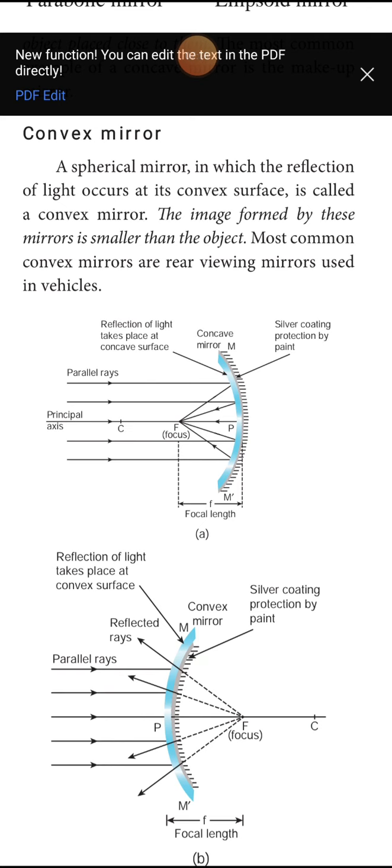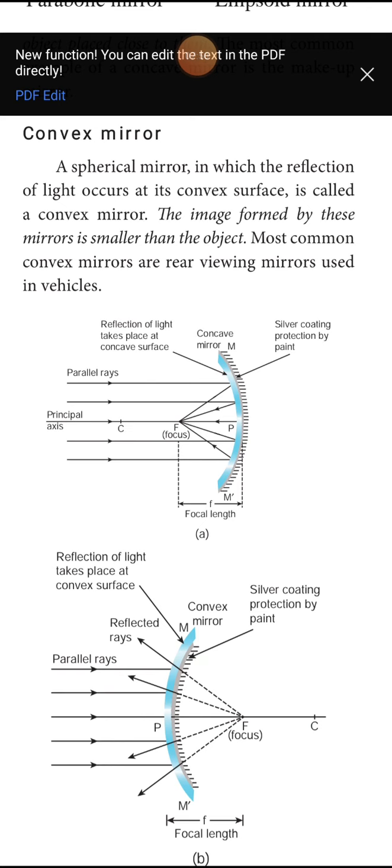How the image is formed by the convex and concave mirror is given in your picture. The center line is called the principal axis, above which two parallel lines are given, called parallel rays. Whenever the light rays fall on the convex or concave surface, they reflect back. In a concave mirror the rays converge, and in a convex mirror they diverge.